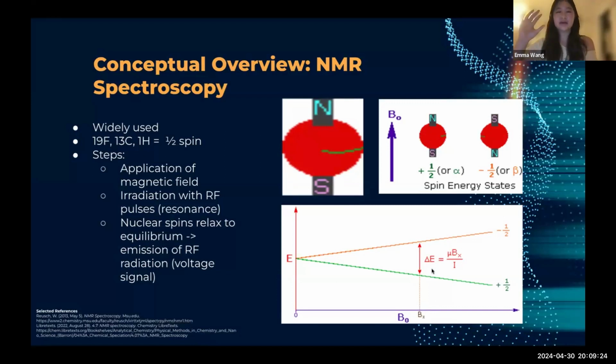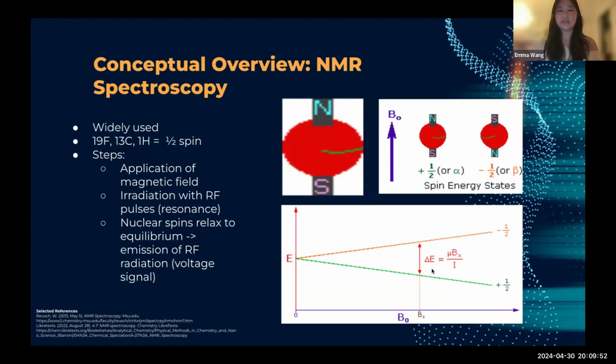And so once you have the compound and the solvent, and you have it with the applied magnetic field, B naught, and you know what delta E is, you apply a specific radio frequency pulse, and that will cause some of the nuclei that are still in the beta spin state to relax back to the alpha spin state, or to excite to the alpha spin state.